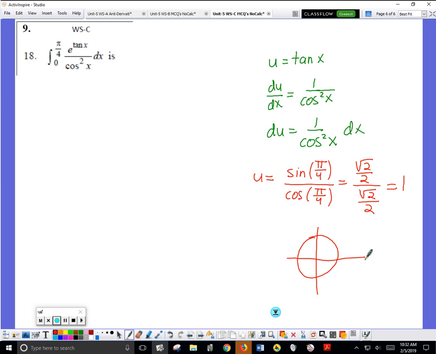Pi over 4 is right there. Sine is the up and down, so sine is going to be root 2 over 2. Cosine is the back and forth. It's the x-coordinate, so it's the same, it's positive. That's 1. And you do the same for 0. Now you go for 0. Get a little more space here.